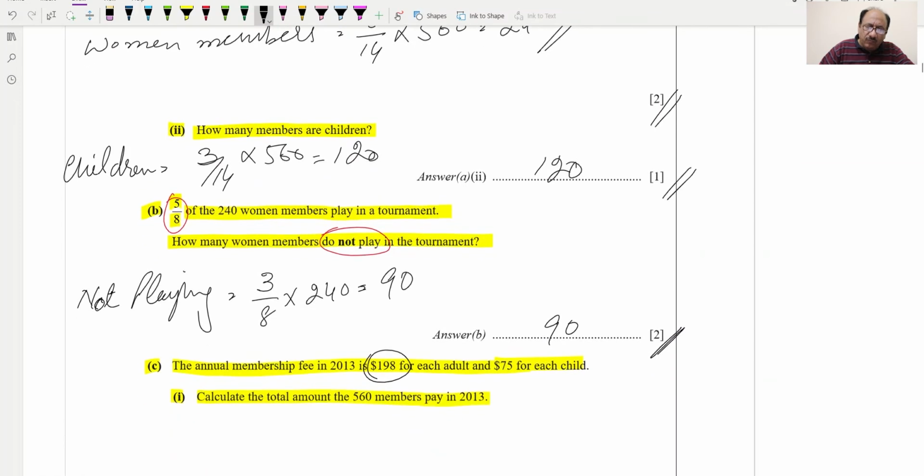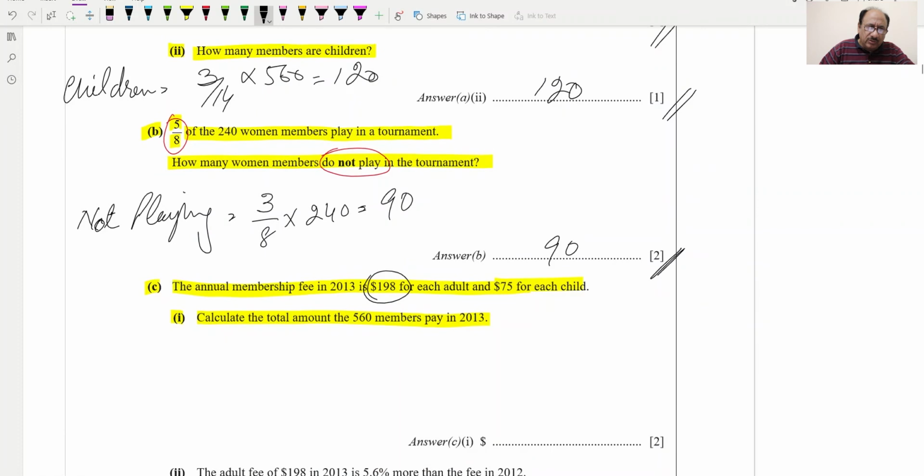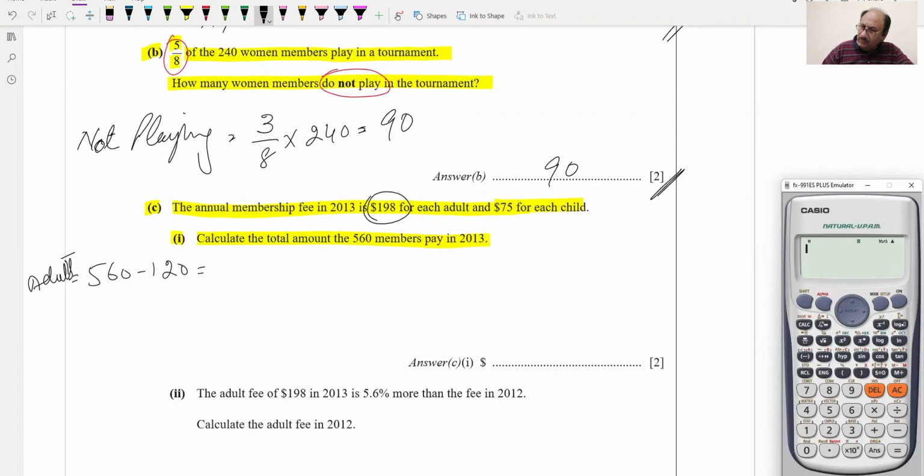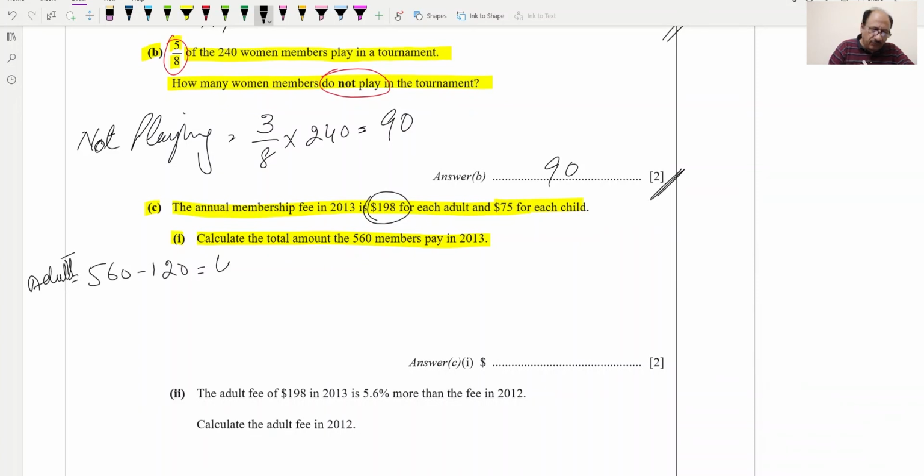Children are 120, so 560 minus 120 gives adults, which is 440.